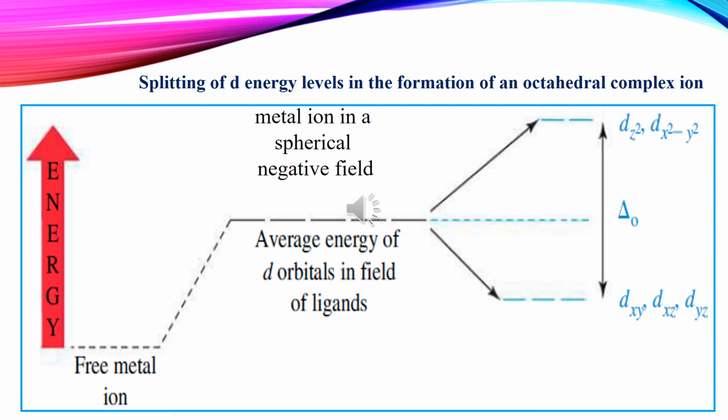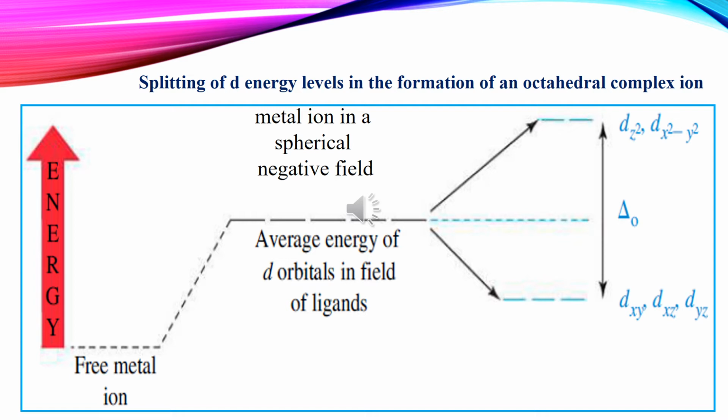Crystal field theory considers the metal-ligand bond to be purely ionic, and the electrostatic interaction is between the metal ion and ligands. The ligand is an anion, the metal atom is a cation.